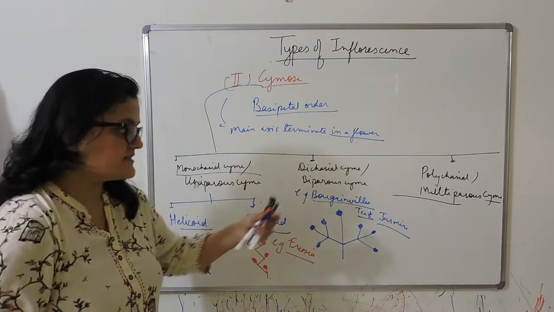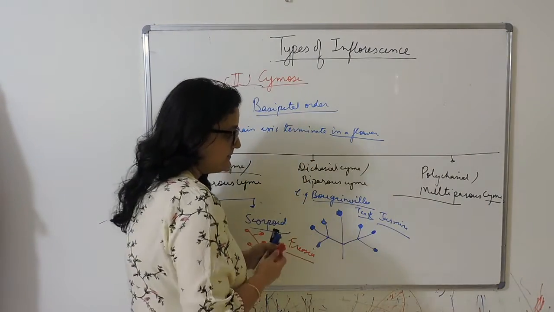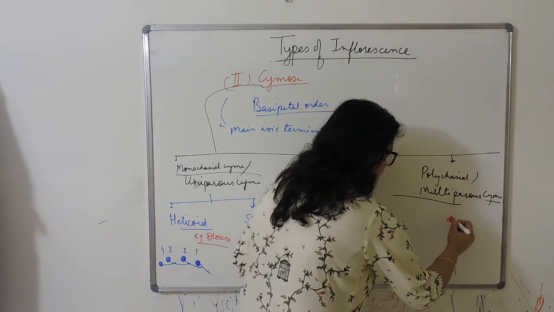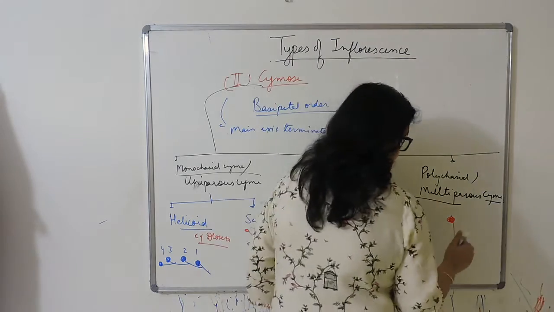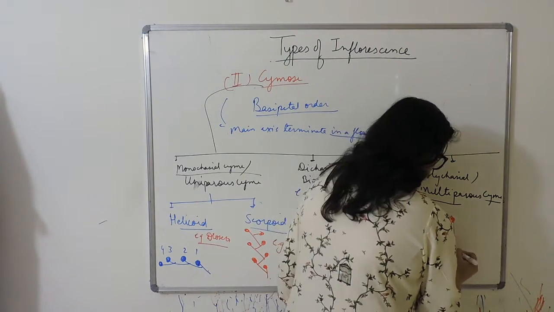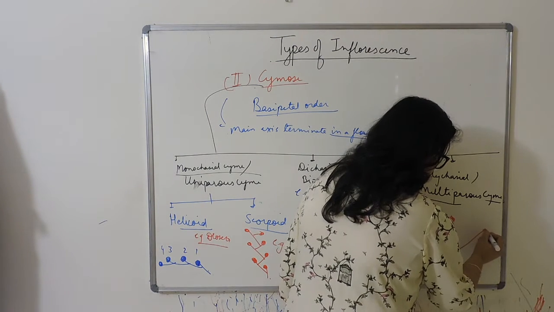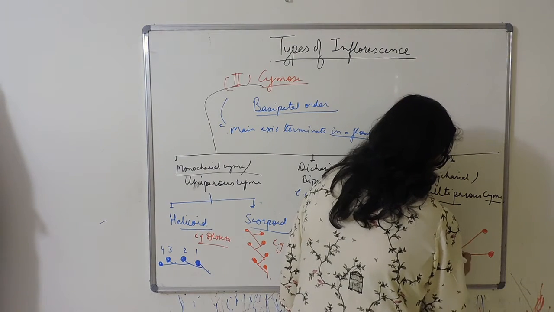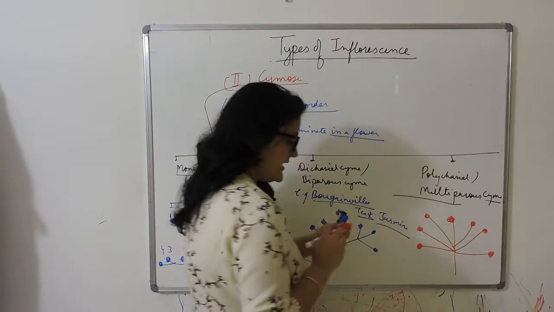Next is the multiparous or polychasial cyme. Here again the main axis is converted into a flower, and from here many branches are formed, and all the lateral branches terminate into flowers.